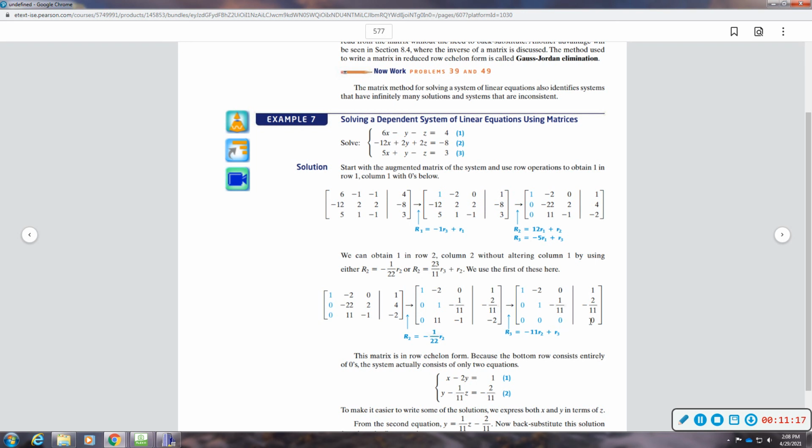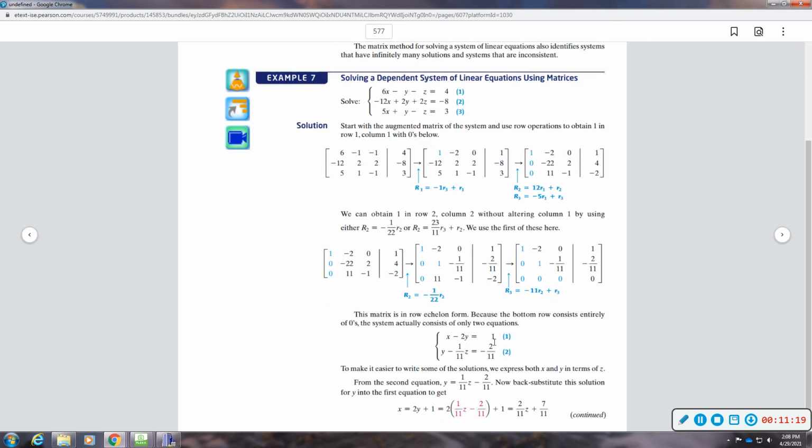And usually if that's the case, we would represent the solutions in terms of one of the variables, like z equals and x equals or y equals. But if you notice that, you could have infinitely many solutions, I'll point that out when we see it in my math lab.